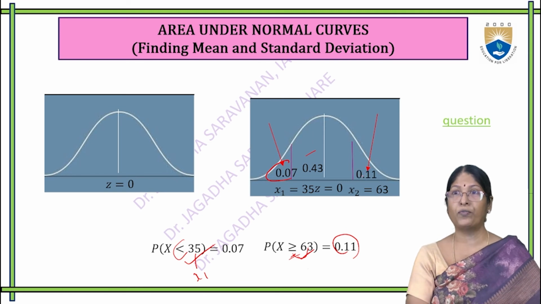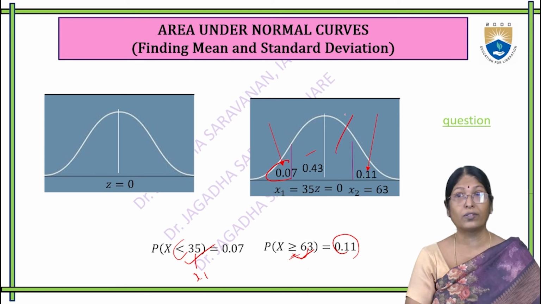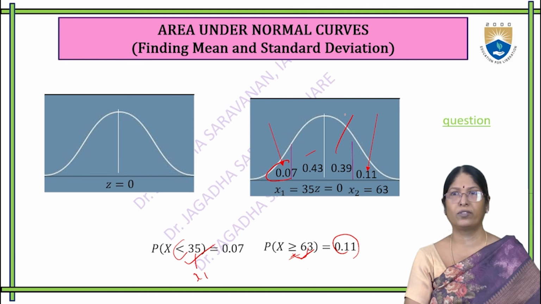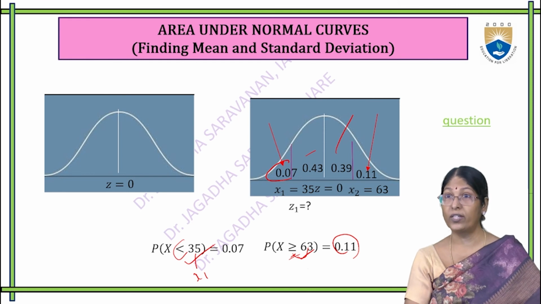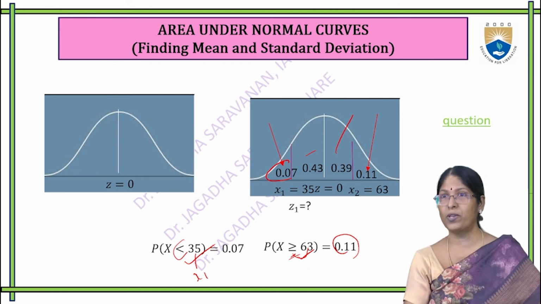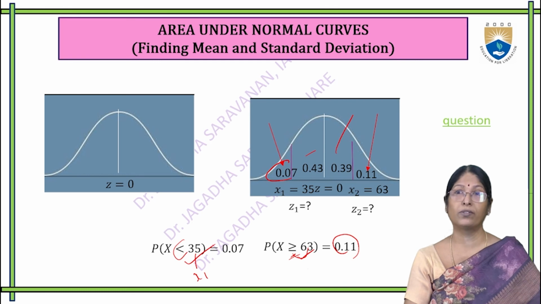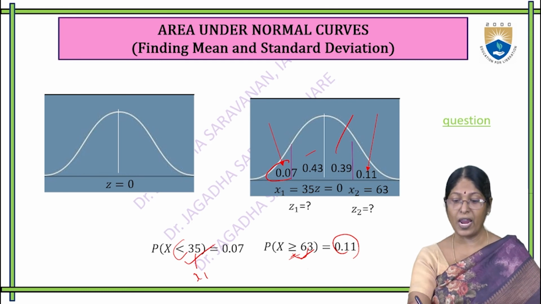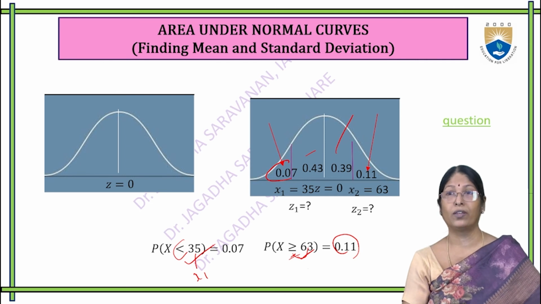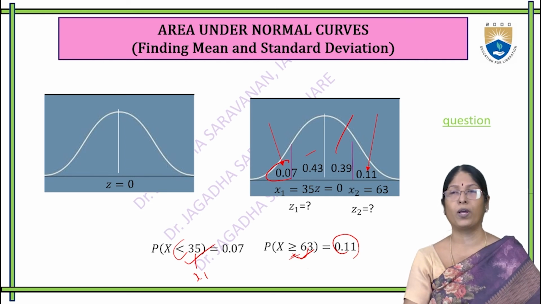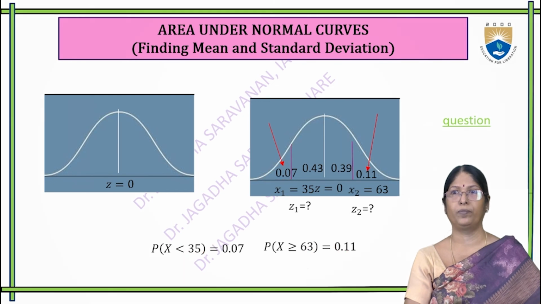If it is 0.11, then this remaining part is 0.39. Now x2 is there, x1 is there. Which is missing? Z1 and Z2 are missing. The areas are given, so we are finding the points with the help of the normal distribution table.